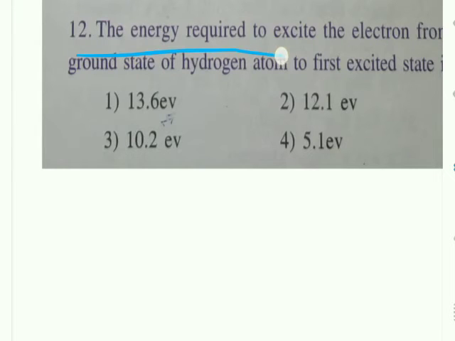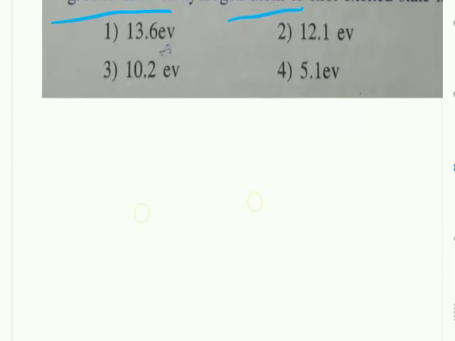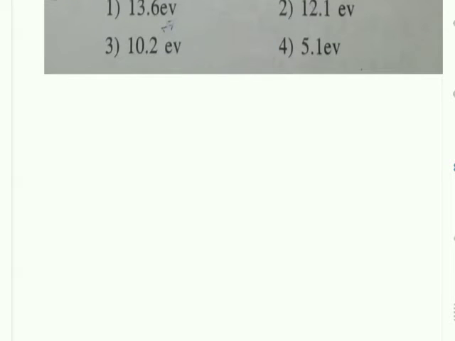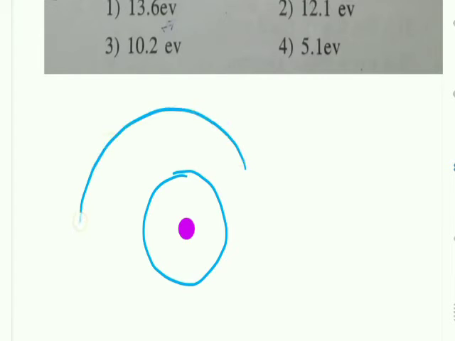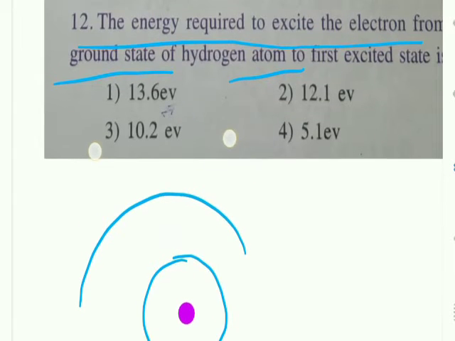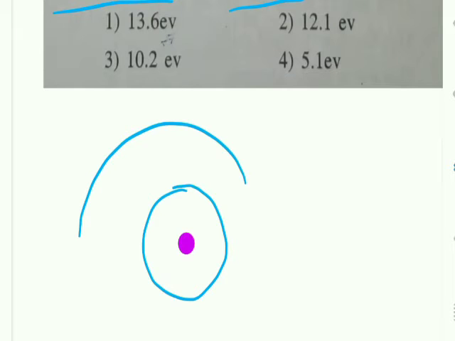What is the energy required to excite the electron from the ground state of hydrogen atom to the first excited state? So in the atom, this is the ground state and this is the first excited state. How much energy is required for the electron to go from the ground state to the first excited state?